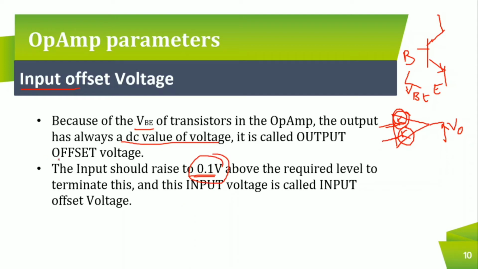To balance this voltage, the input should be raised so that the output is equal to 0. The amount you raise at the input point is termed the input offset voltage.